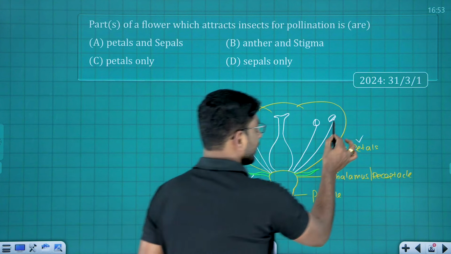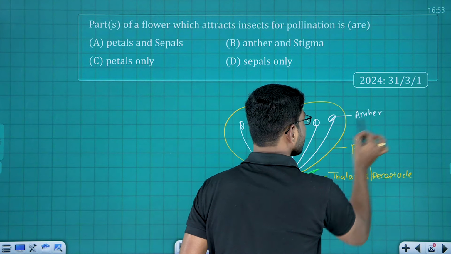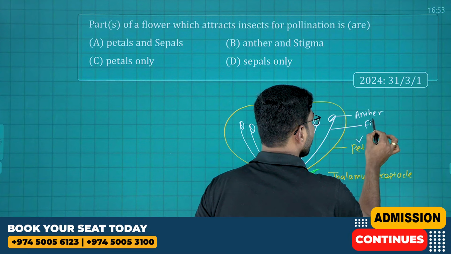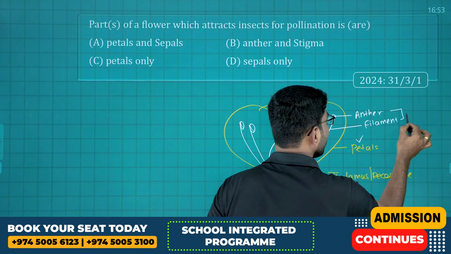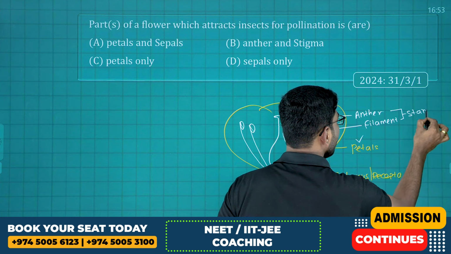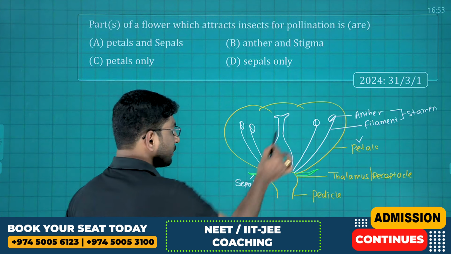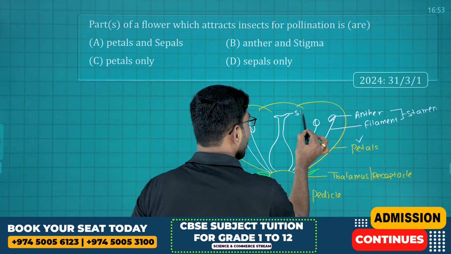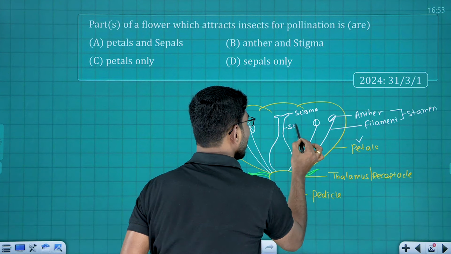So this part, look here, this is the anther, and this long structure is called the filament. Filament and anther together are called the stamen. It is also called androecium, the male reproductive organ. This part is called the stigma. This long structure is called, tell me, style.